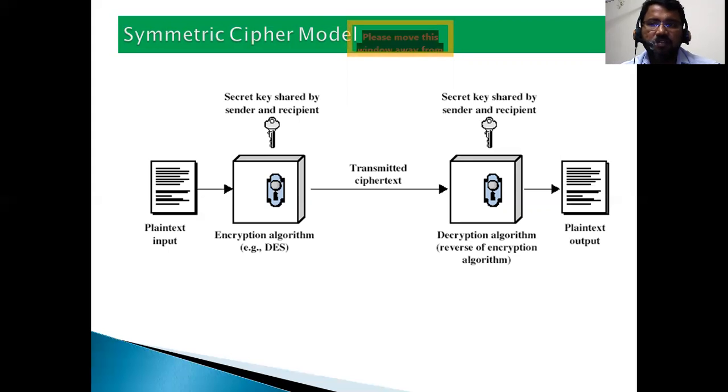For that purpose, we require a security key. Why do we require a security key? Because once we transmit the unreadable, encoded data, it will be received by the receiver, who has to read that message.